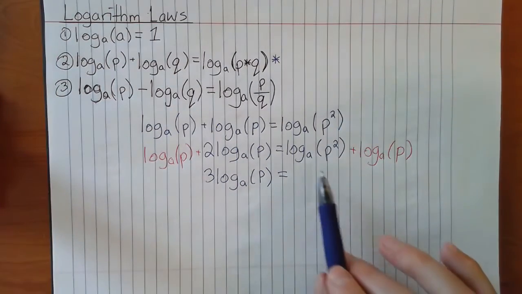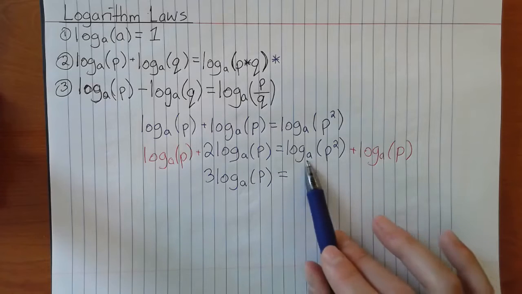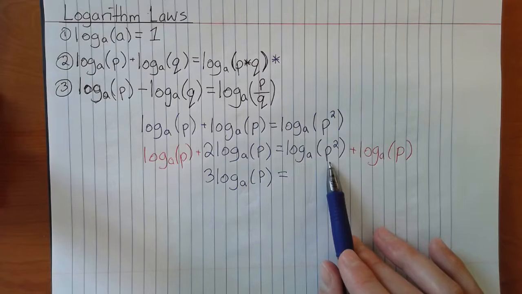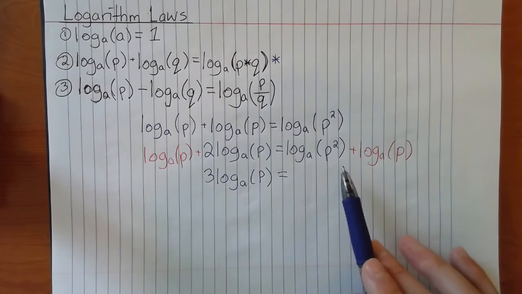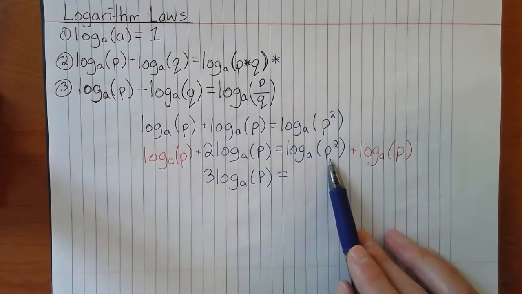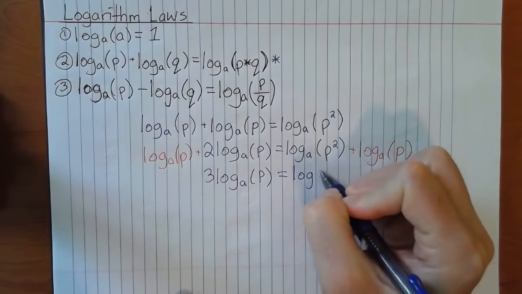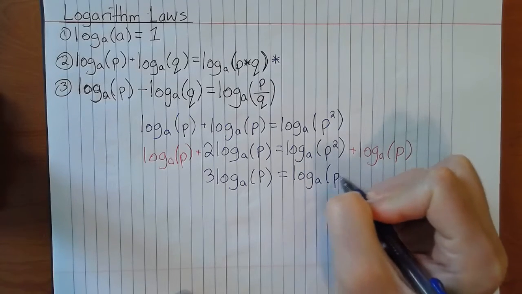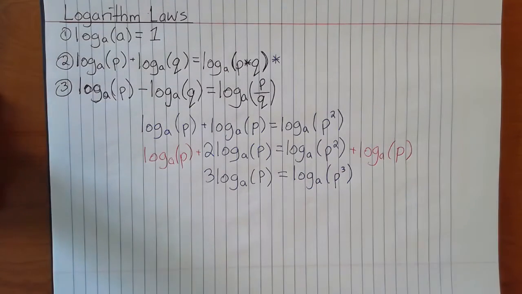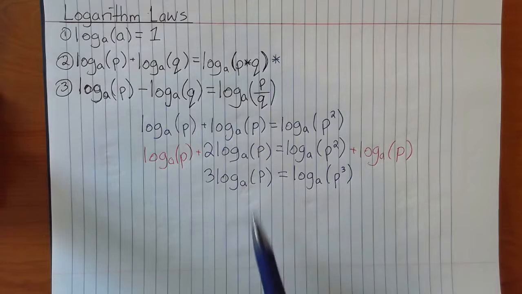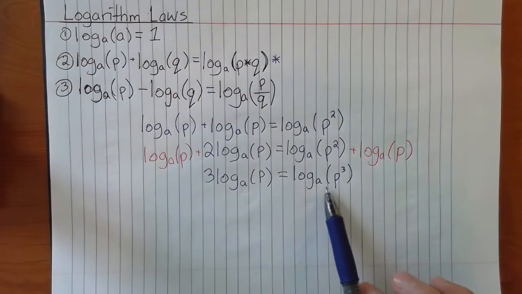On the right side, well, we have 2 logarithms that are the same base, log base A, log base A. And so that means, based on rule number 2, I can multiply these inputs. P squared times P is going to be equal to log base A of P to the third power. So once again, we can see that we have 3 times log base A of P is equal to log base A of P cubed.